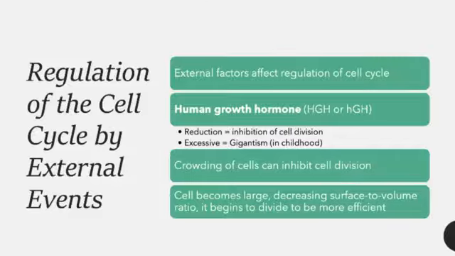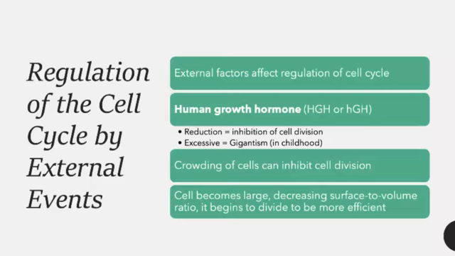So let's first talk about how the cell cycle is influenced by external events. The progression of our cell cycle isn't just controlled inside the cell. It's also regulated by signals and conditions outside the cell. One example is human growth hormone, or HGH. This hormone plays a key role in stimulating cell division.